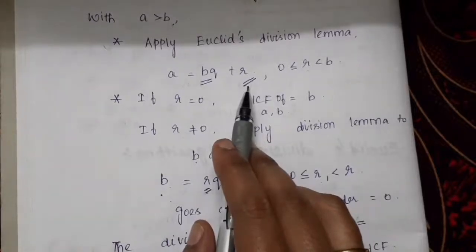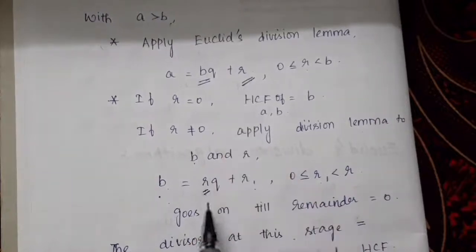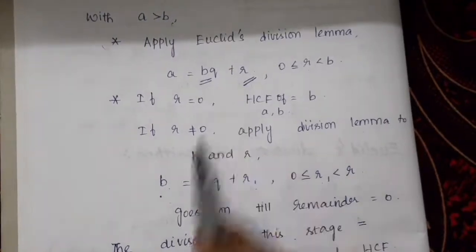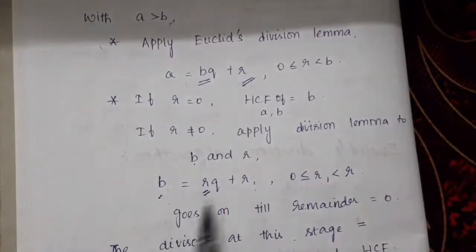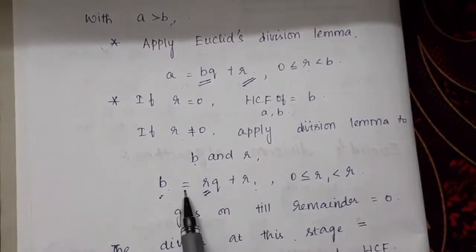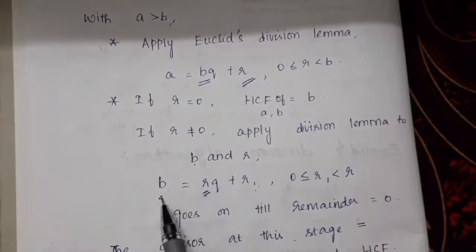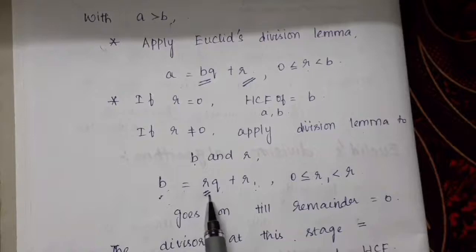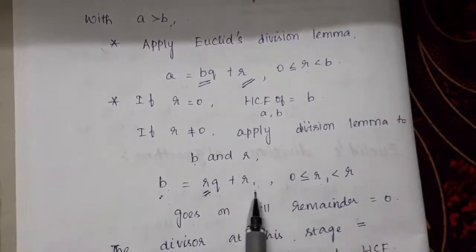In the second step, we divide b by r and write the equation as b equal to rq plus r1. You will be getting a quotient q and a remainder r1.